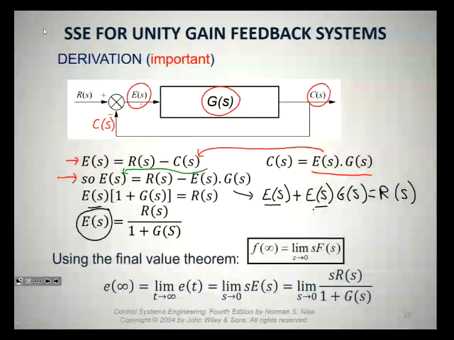Now, there is a maths final value theorem. I don't think you'll probably have come across this before, which says that it's essentially this. If you're looking at the limit of a function as time tends to infinity, in the Laplace domain, that translates to s times the same function in the Laplace domain as s tends to 0.